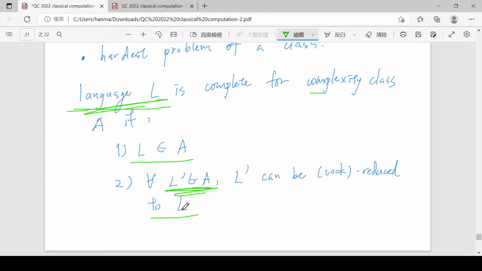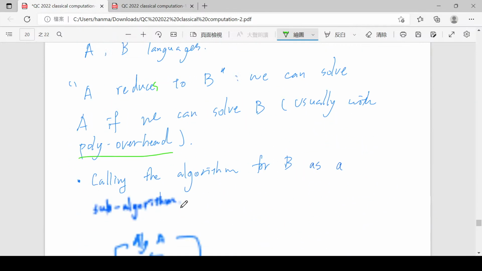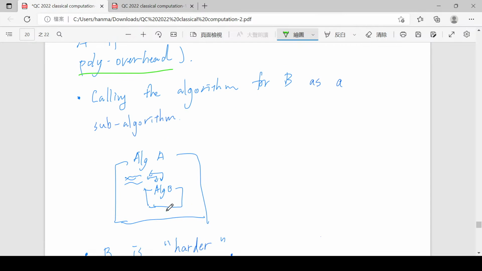Let's scroll up. So if you have an algorithm for L here, then you can write the algorithm for any L prime by doing this coding, and that will solve it efficiently. Okay.